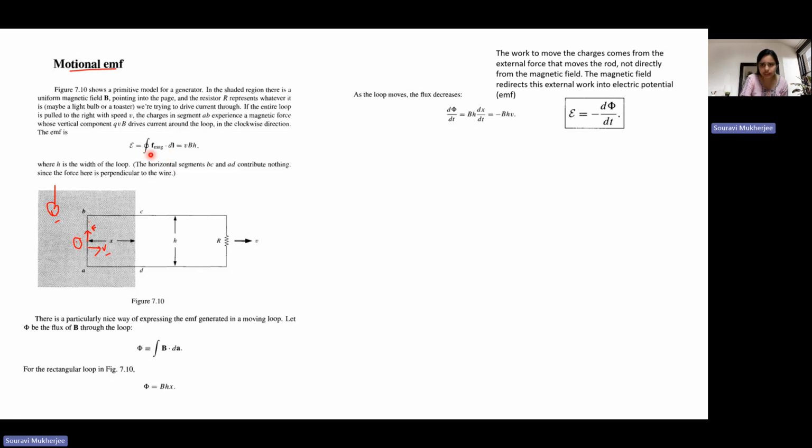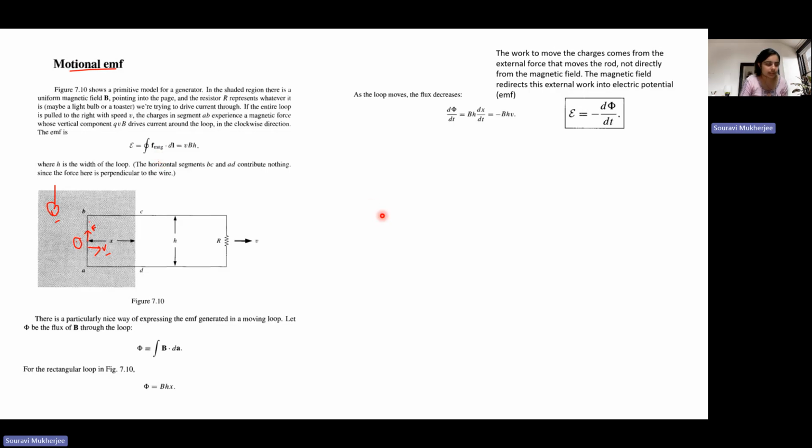The magnetic force only redirects. When you are moving this, you are doing some work, and that is redirected into what results in the EMF, and we're trying to find that work done. So it is an electric potential difference generated along this region because of the external work that you are doing. It's not, in the truest sense, the work done by the magnetic force.